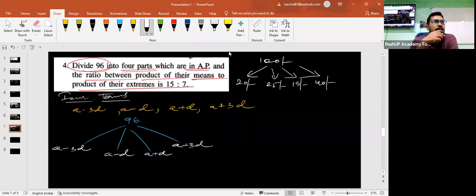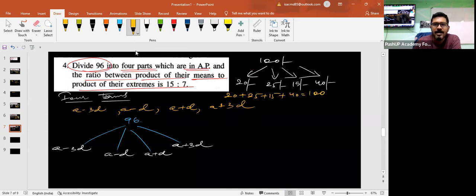Doesn't it tell you that the sum of 20, 25, 15 and 40 is giving you back 100 rupees? So this is the invisible condition given to you, which you have to dig out.